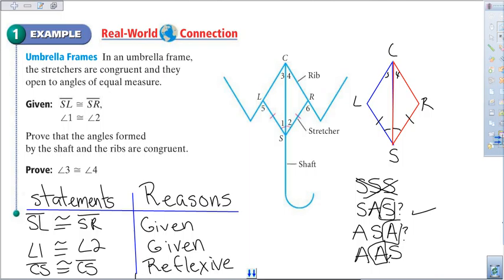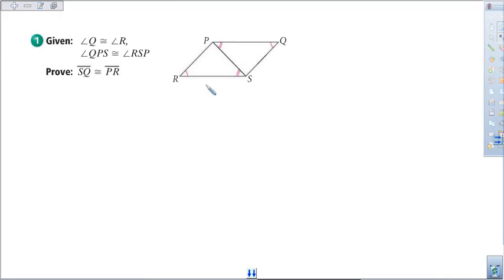Okay, so let's try one more problem. Okay, so I have angle Q congruent to angle R, angle QPS congruent to angle RST, and these are given. And I want to show that SQ is congruent to PR. Let's get that.